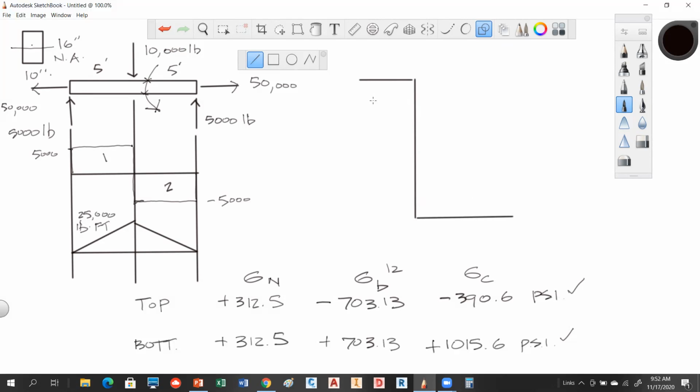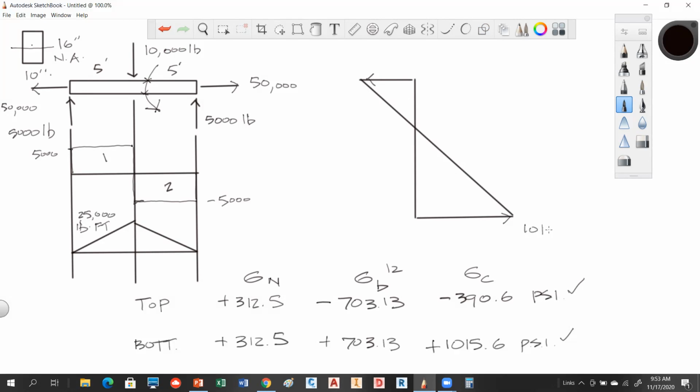Okay. So this number up here represents negative 390. This one represents positive 1015. So what we have is something going through it like that. So what you got going on here is this is the total amount of compression. This is the total amount of tension.